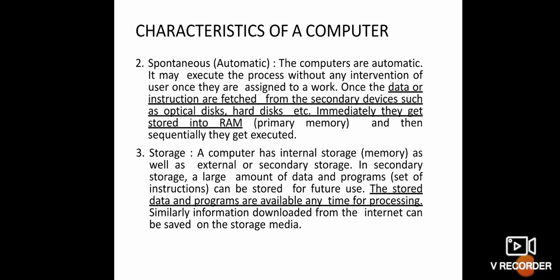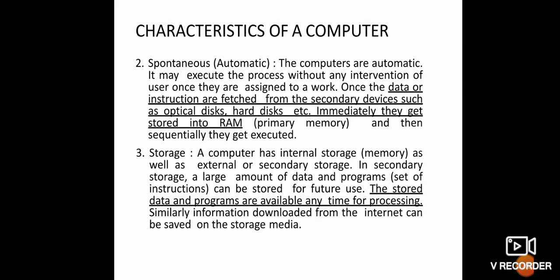Once the data or instructions are fetched from secondary devices such as optical disc, hard disk, etc., they are immediately stored in RAM, which is called primary memory, and then sequentially they will be executed one by one. All the work will be getting executed.